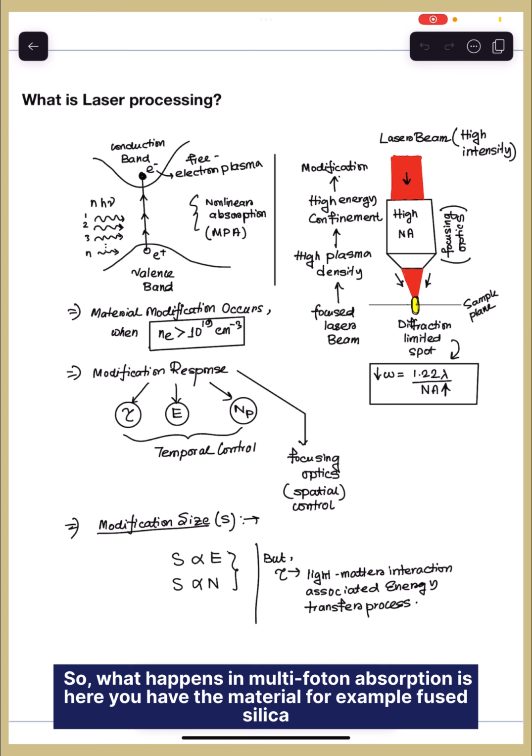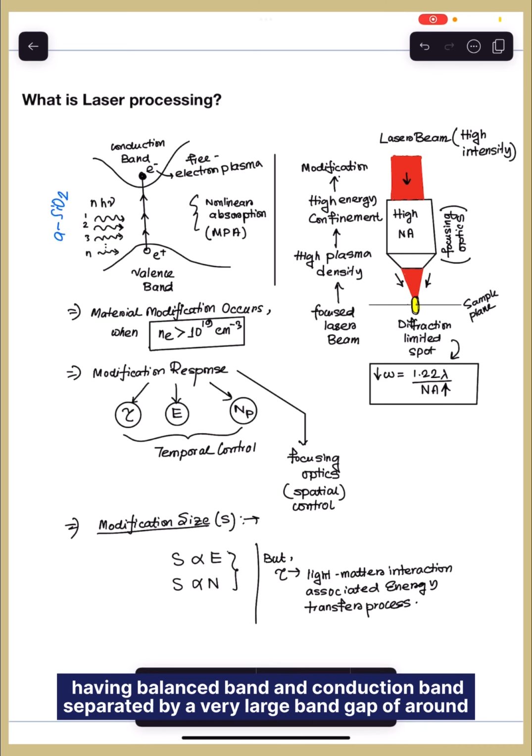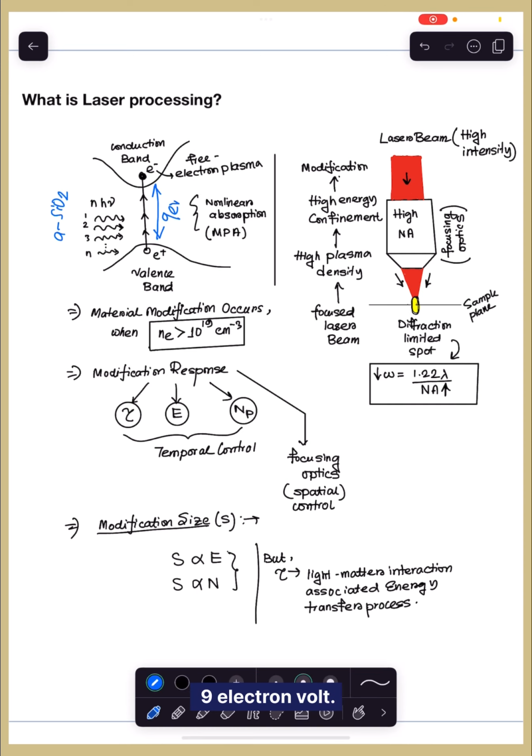So what happens in multi-photon absorption is, here you have the material, for example fused silica, having a valence band and a conduction band separated by a very large band gap of around 9 electron volts.